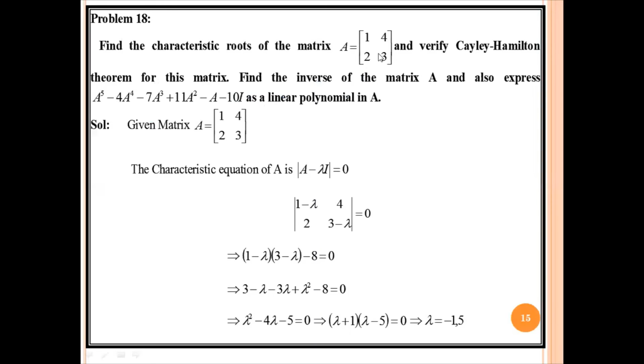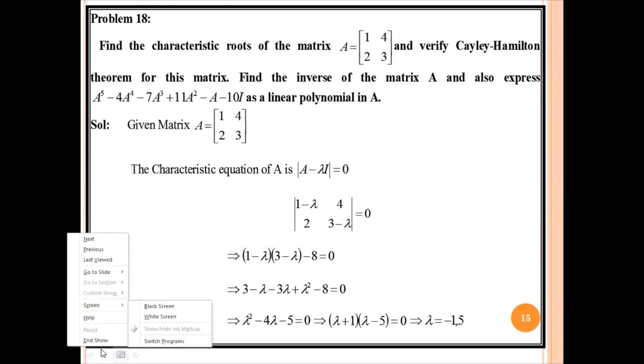So this is a 2 by 2 matrix: 1, 4, 2, 3. So how to get the characteristic equation? A minus lambda I is equal to 0, right? So from that, write down A minus lambda I. Then after that, simplify, you'll get the characteristic equation. 1, 4, 2, 3. Otherwise, I will take the board and I'll explain.